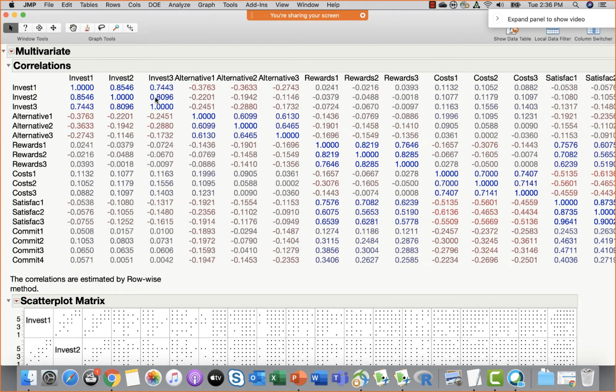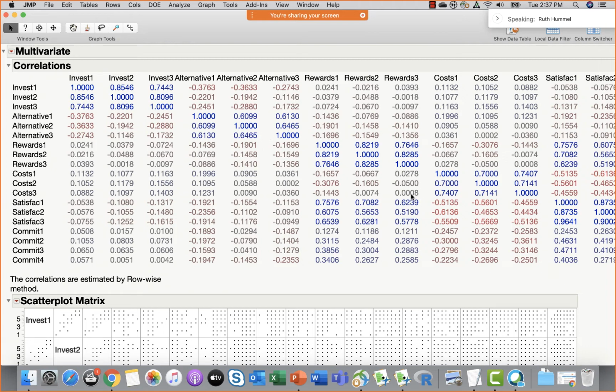Here you can see really clearly that we've got these little clusters. The investment items all seem to cluster with high correlations with each other. That's very interesting and good, and it matches our idea that there's a latent construct in the background that influences all 3 of these, so probably they're related to each other. Then we see the same thing with the alternatives, a little cluster of bright blue, and the same with the rewards.